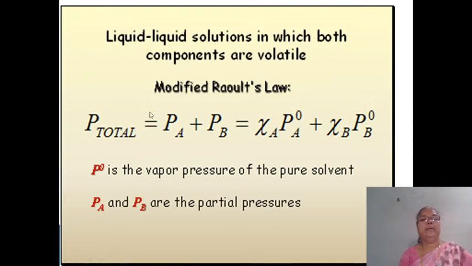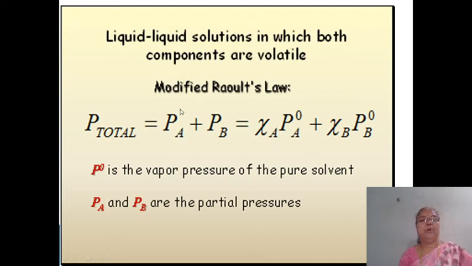Here, when the liquid vapor pressure behaves ideally, then according to Dalton's law, the total vapor pressure of the solution, that means P total, is equal to the sum of two partial pressures of the constituent A and constituent B.